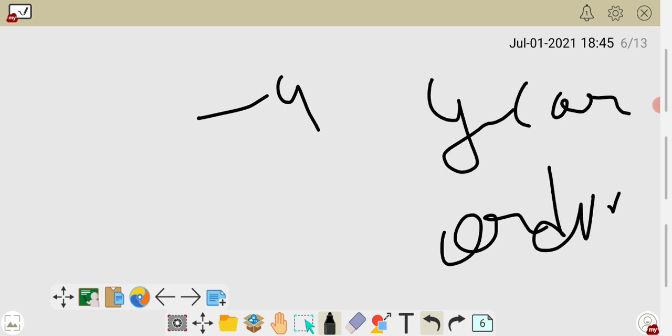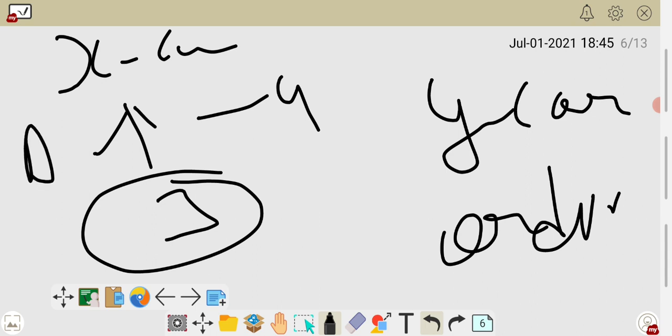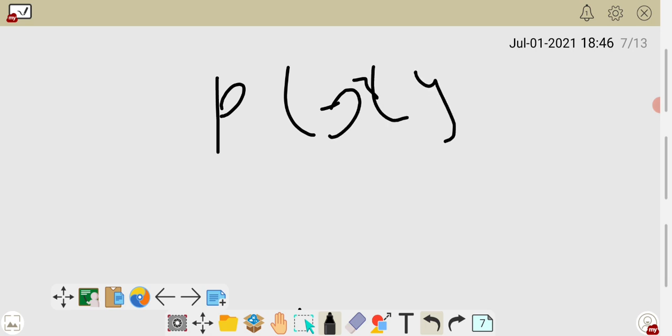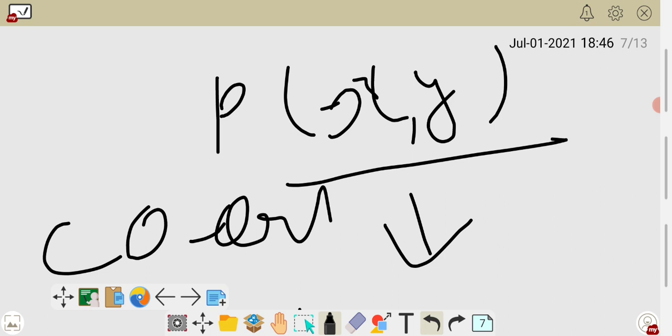So for 3, you say x coordinate or abscissa, and for minus 4, you say y coordinate or ordinate. And if you take them together, they are known as coordinates. Now I come to the exercise.